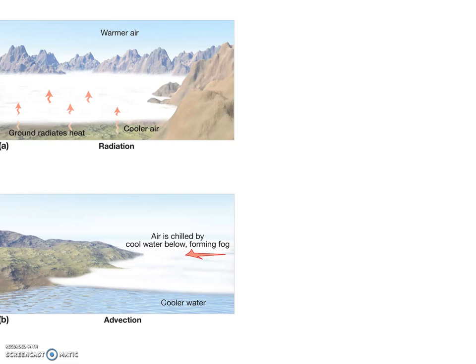Advection fogs are common as air moves from the sea to the land, because remember, the ocean temperatures don't really cool down as much as the land does, so this warm, moist air coming over the land can create a coastal fog. Here in California, we have a cool current that runs from Alaska down the coastline of California.